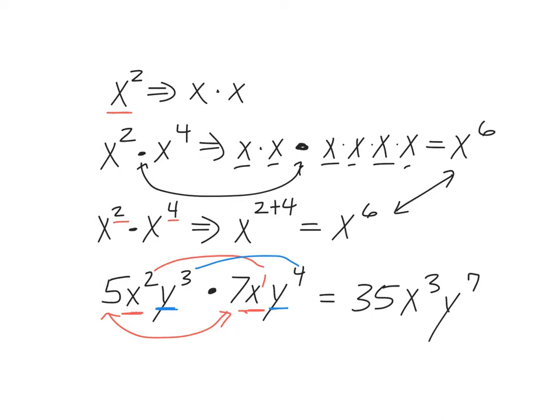Okay, so now let's talk about division. If we multiply, we add exponents, then division you would think is probably what? Subtraction, and that's correct. So let's say x to the 6th over x to the 4th.